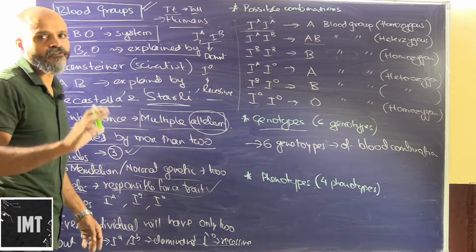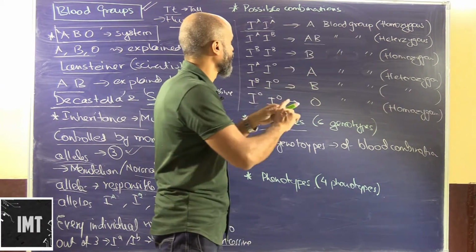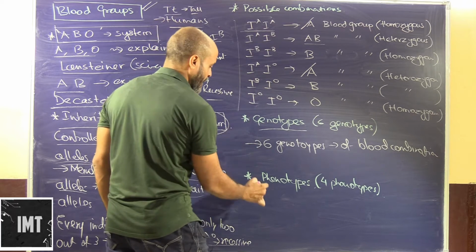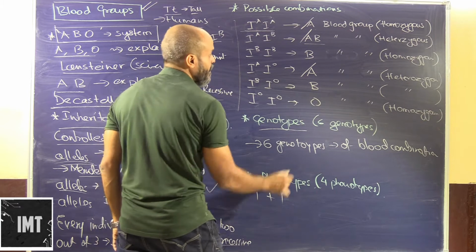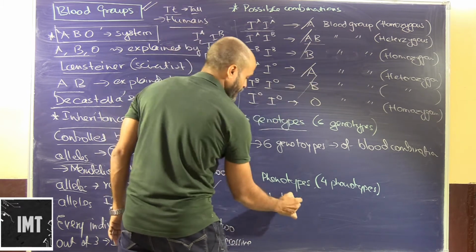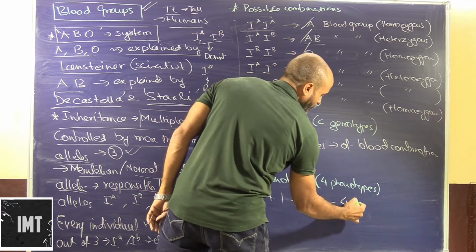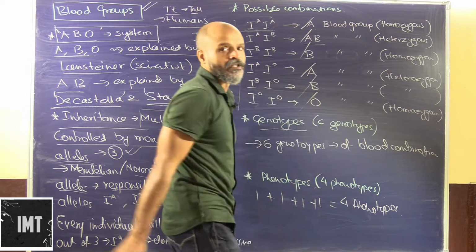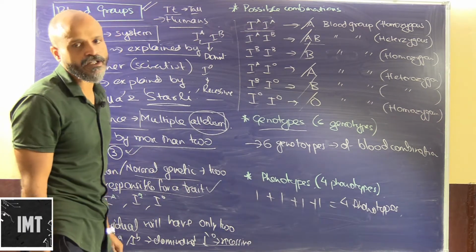Now if we look at the phenotypes, that is, the result: A is one phenotype, AB is another, B is another, and O is another. So we have 4 phenotypes. In blood group we have these types of phenotypic and genotypic combinations.